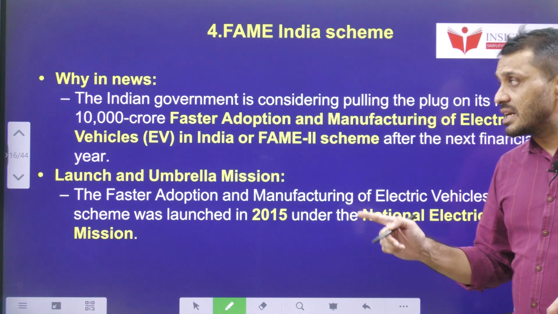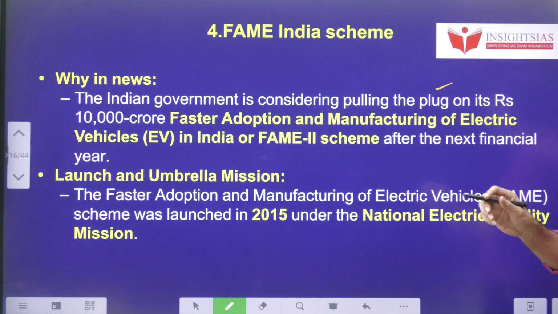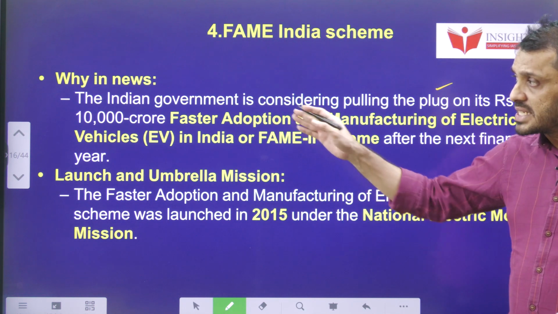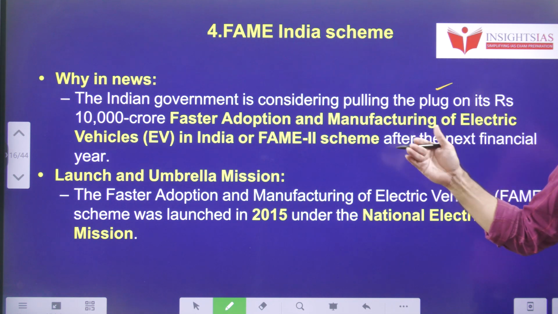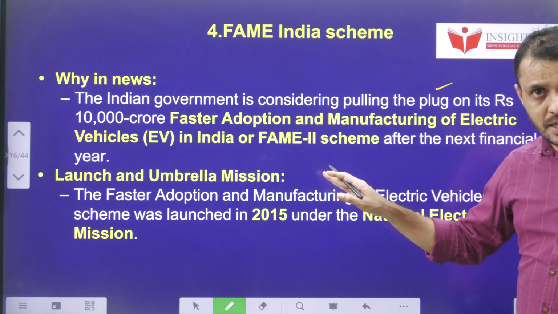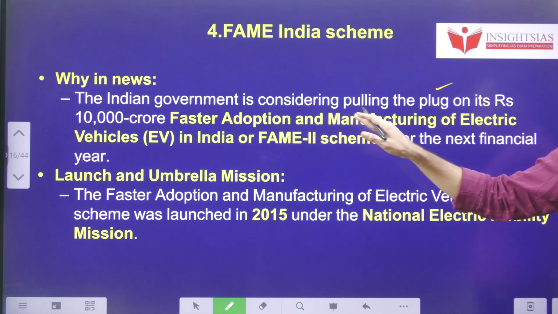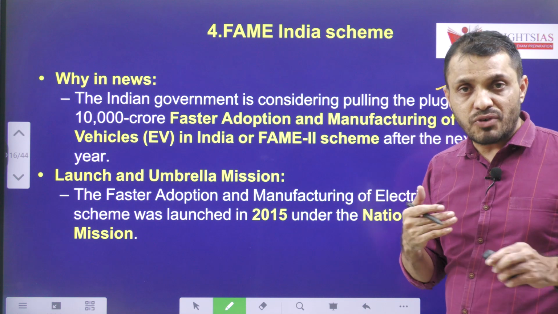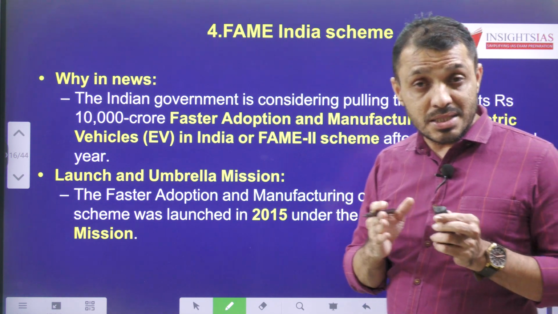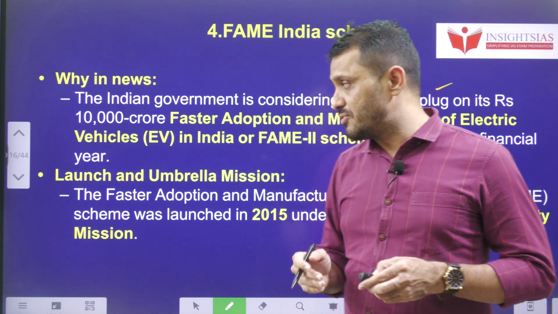The Indian government is considering pulling the plug, that means stopping, its 10,000 crores FAME India second version of the scheme. First you have to understand, FAME stands for Faster Adoption and Manufacturing of Electric Vehicles. That means it encourages the faster adoption of electric vehicles instead of vehicles dependent on fossil fuels.